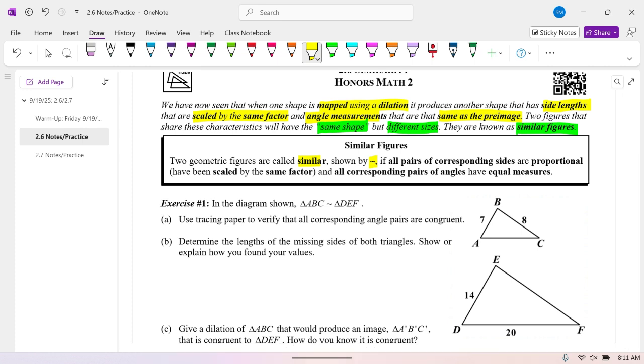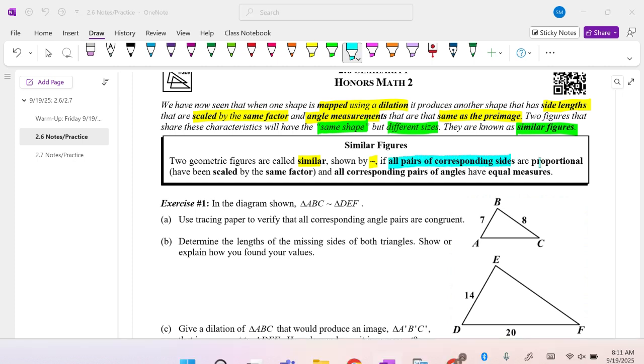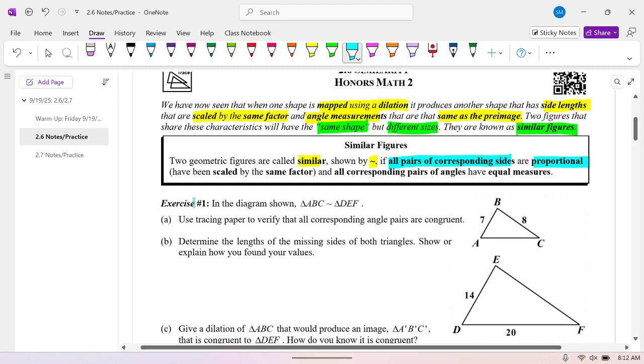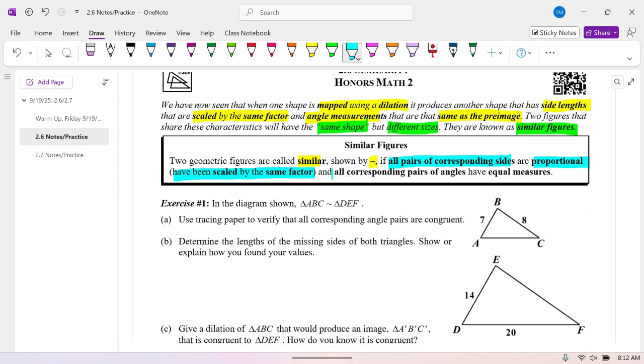Similarity is just the squiggle. All pairs of corresponding sides are proportional, which means they have been scaled by the same factor, and all corresponding pairs of angles have equal measures.